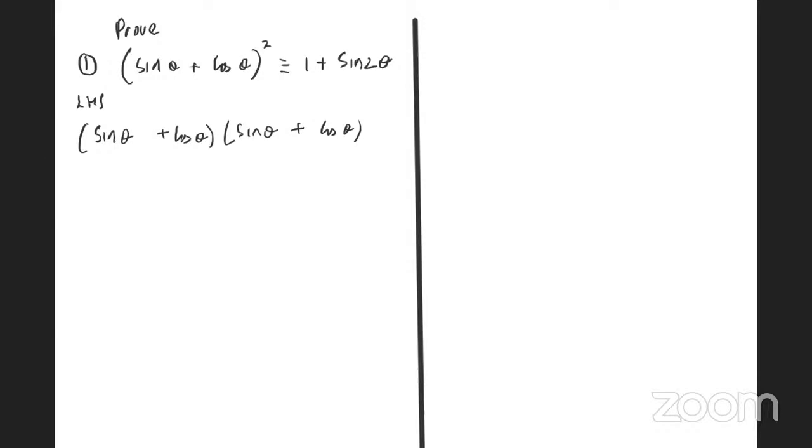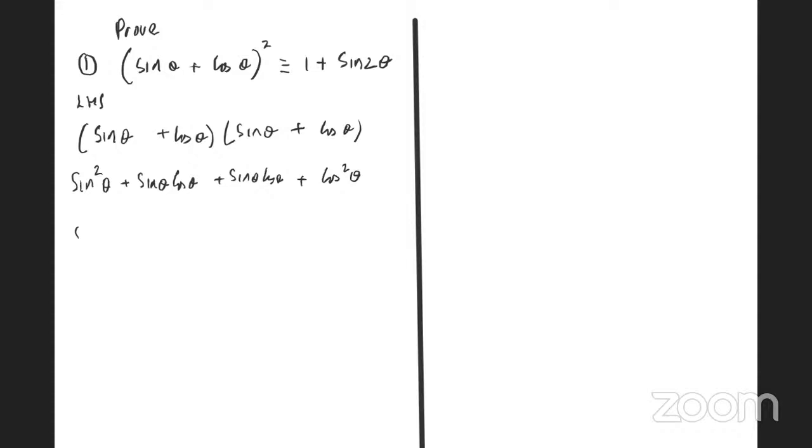All right, 2. Right, you should have it by now once you're doing it. So you multiply sine by sine, you get sine squared. Sine by cos, you'll get sine theta cos theta. Cos by sine, you'll get back sine theta cos theta. Cos by cos, you'll get cos squared, right?